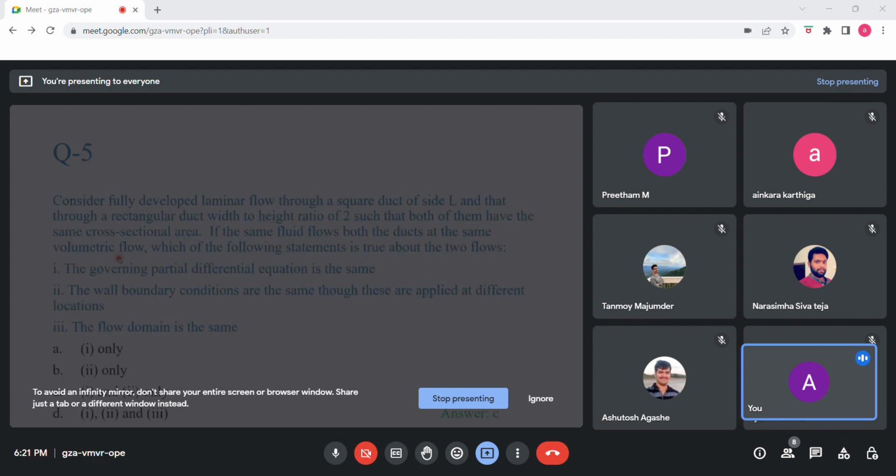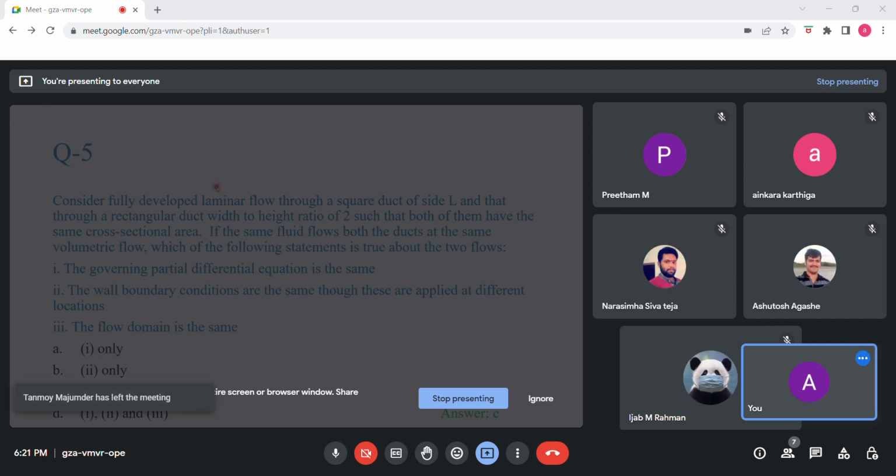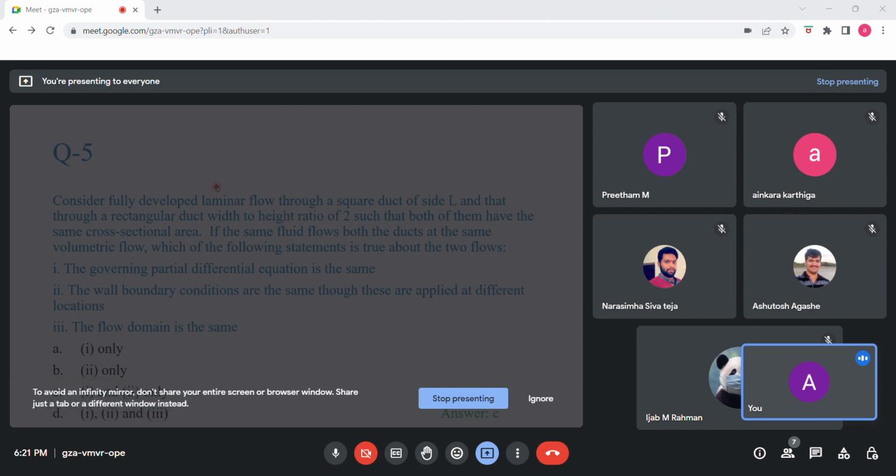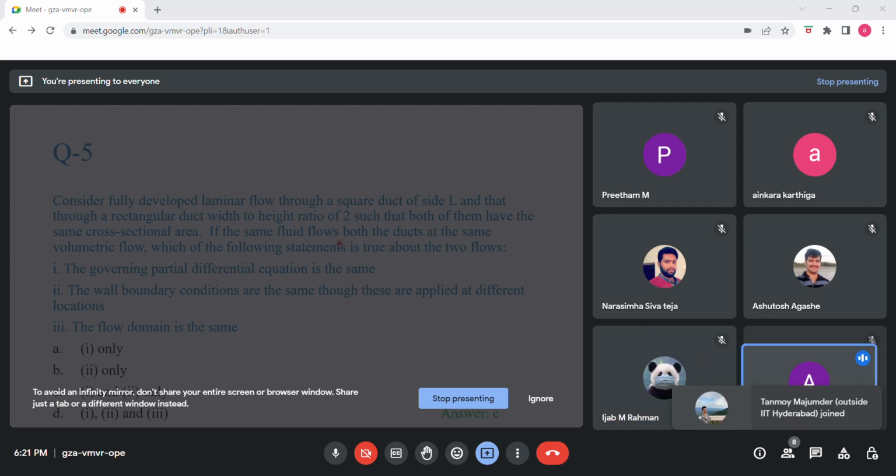So next we'll consider a fully developed laminar flow through a square duct of side L, and through a rectangular duct with a width to height ratio of 2, such that both of them have the same cross sectional area.